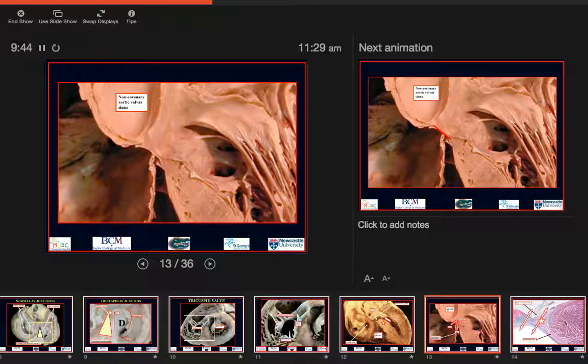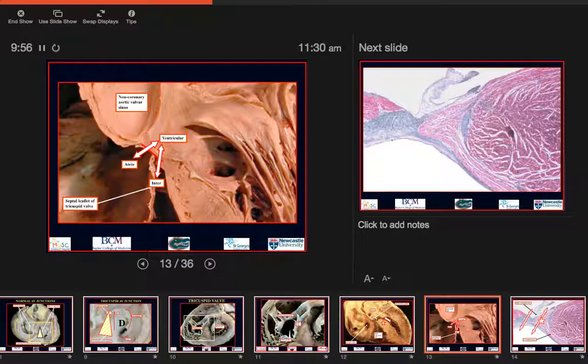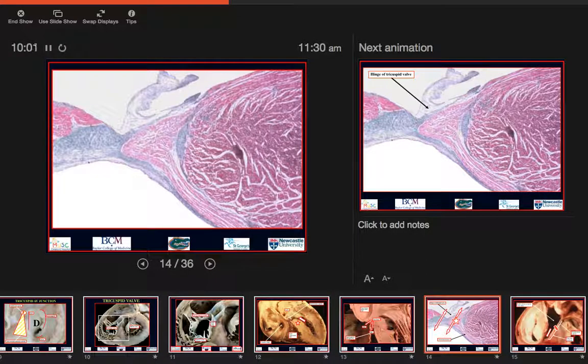So there is the non-coronary sinus of the aortic valve. We're now looking at it from the front. And there is the membranous septum, and you see how it's crossed by the septal leaflet of the valve, dividing it into atrioventricular and interventricular portions. If we take a histologic section across that, and I've turned it upside down this time, so there is the hinge of the tricuspid valve, what you see there is the atrioventricular component of the membranous septum.